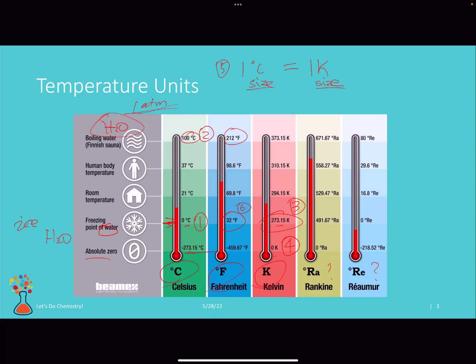The seventh one is 212 F degrees, which is boiling water, equivalent to 100 Celsius degrees. Wow, there are so many things we need to memorize. But it's very important for us to use this memorized knowledge to move forward and see how we can convert those things.